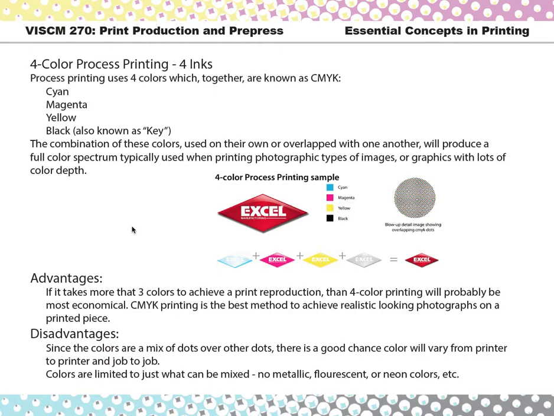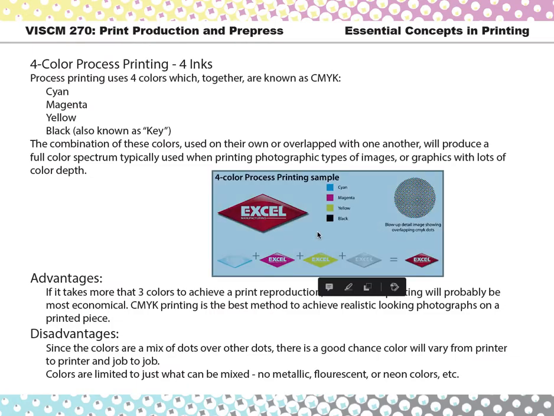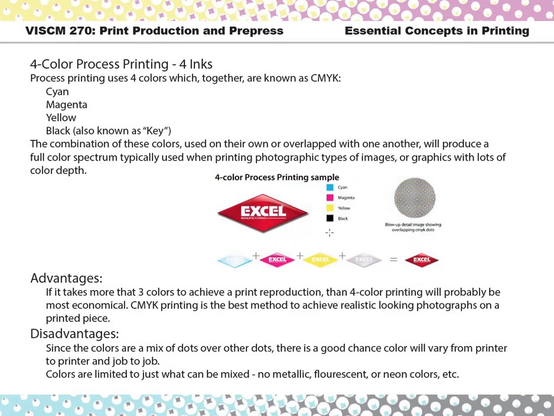So the advantage there is you just have the 3 colors plus black to create any number of images. To create any number of photographs, graphics, and so on, you're only using 4 inks.